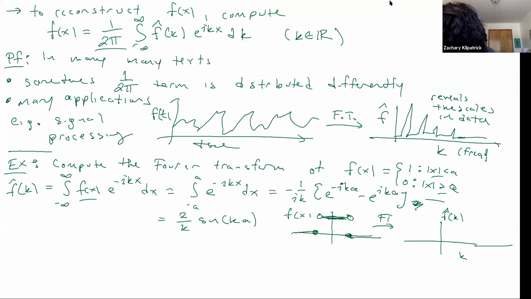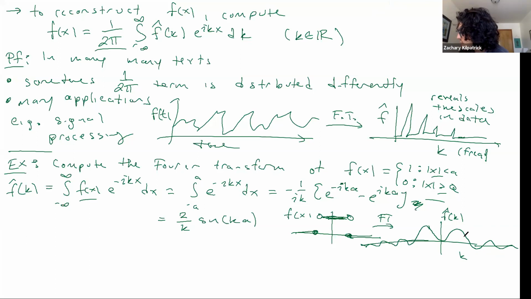Right. So sine of k, yeah, that's right. So it's going to be switched. And in fact, it's going to dwindle down as k goes out to positive and negative infinity.